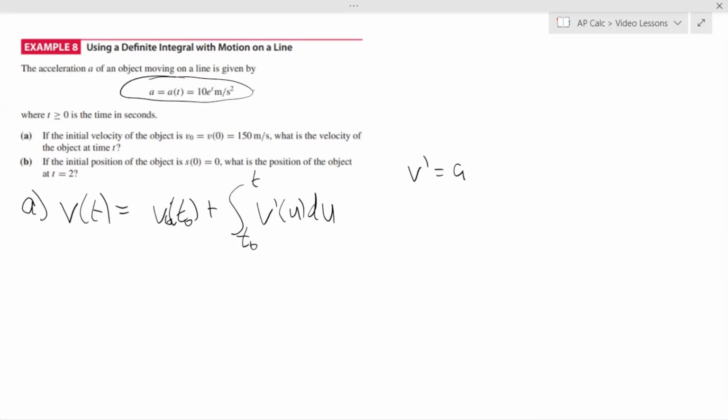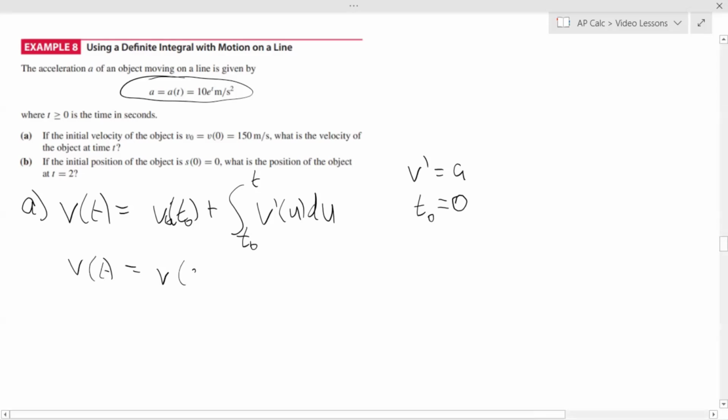And t naught is the initial time. So at t equals 0, we have v of t equals v of 0. V of 0 equals 150. That's the initial velocity in this case.